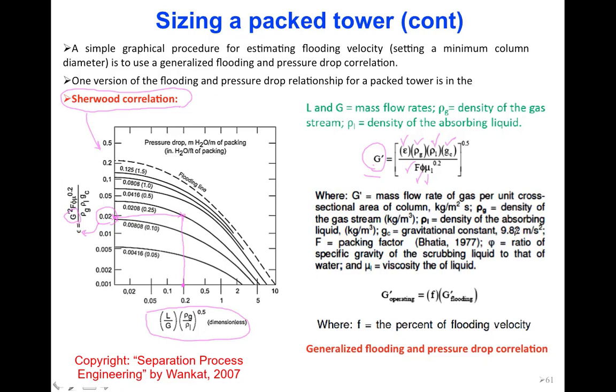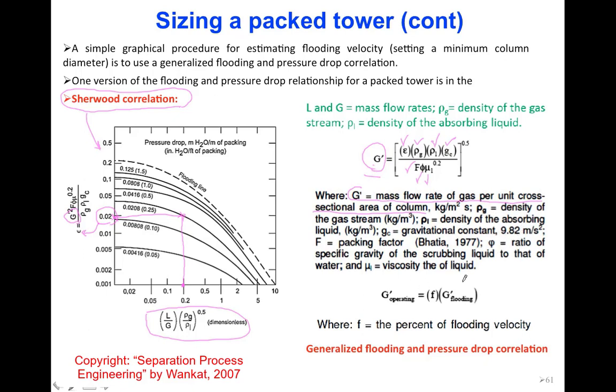G prime is the mass flow rate per unit cross-sectional area of the column, which is kilogram per square meter second.